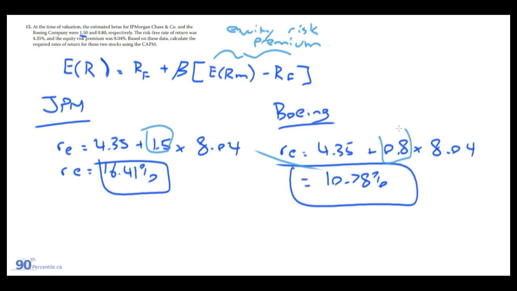The higher the beta, the more sensitive a stock's performance is to the market. Generally, if the market increases 10%, JP Morgan is expected to increase 15%, while Boeing would just increase 8%. So it's kind of like a correlation of the stock price return with the market.